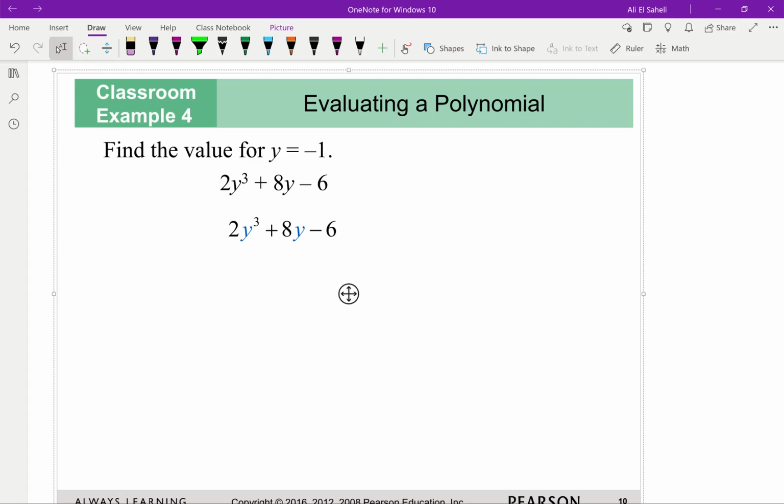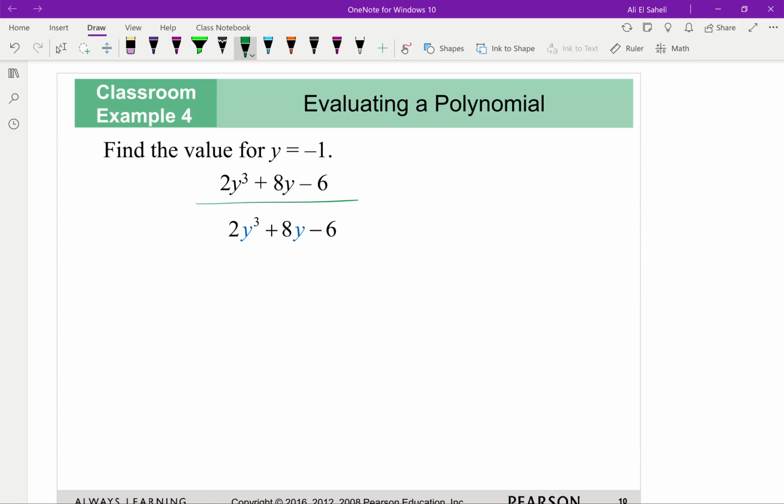Find the value for y equals minus 1. In these polynomials, whether you have x, y, m, n, or whatever, the variables are quantities that can assume different values. So in this case, we have a polynomial of degree 3, which is a trinomial.